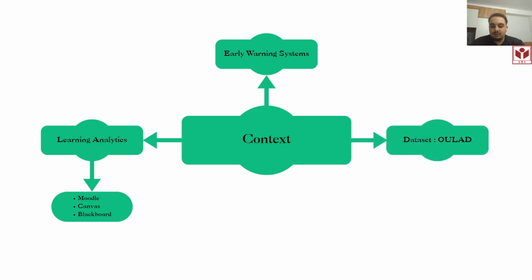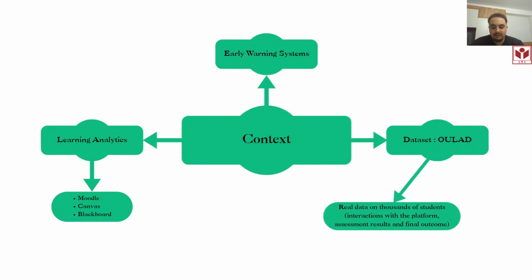The dataset we use is OULAD. It comes from a research paper published in 2017 by Kuzilek et al. from the Open University. It contains real data on thousands of students: their interactions with the platform, their assessment results, and their final outcome.